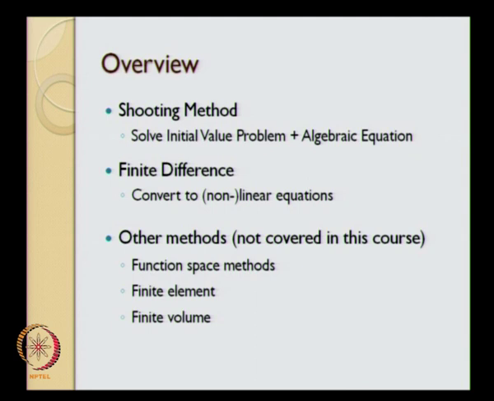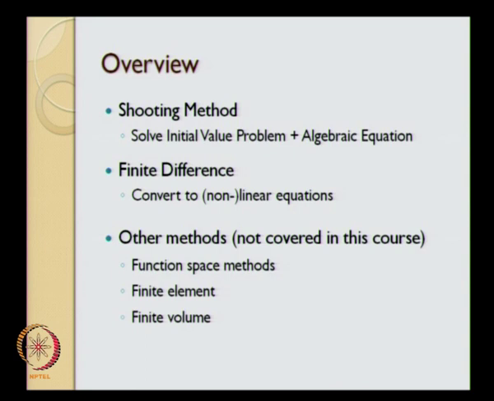The second method is the finite difference method, where the overall differential equation, using numerical derivatives, is converted from differential equations to either linear or non-linear equations. If the second order ODE is a linear ODE, we will get a linear set of equations. If it is a non-linear ODE, we will get a non-linear set of equations. So these are the two methods that we are going to talk about in this module, the shooting method and the finite difference method.